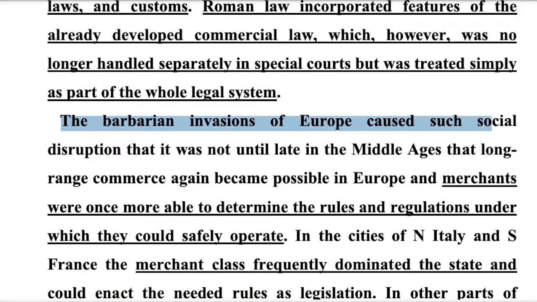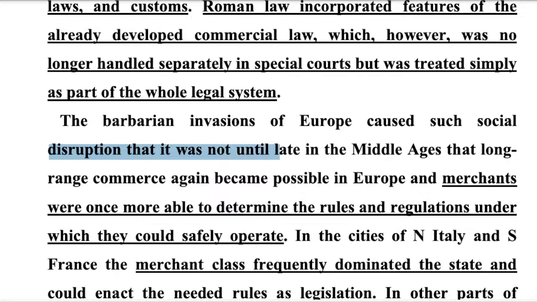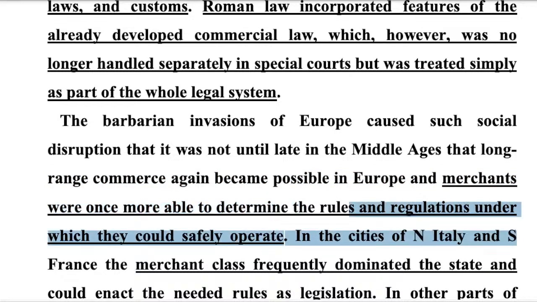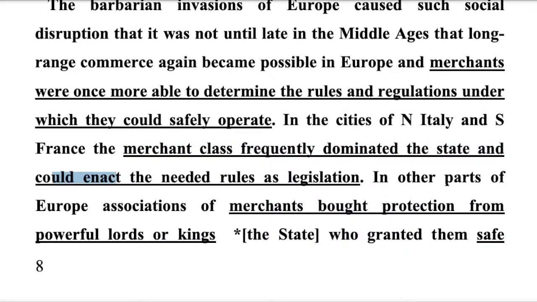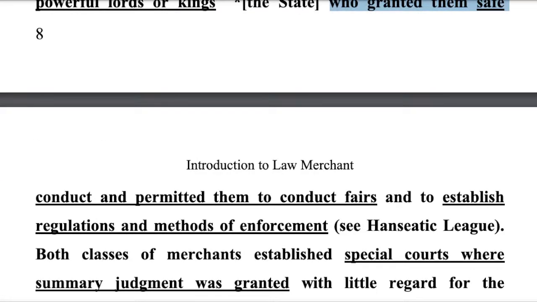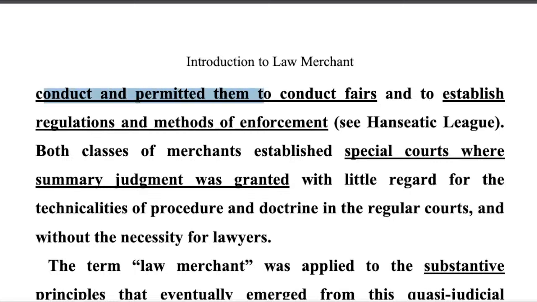The barbarian invasions of Europe caused such a social disruption that it was not until late in the Middle Ages that long-range commerce again became possible in Europe, and the merchants were once more able to determine the rules and regulations under which they could safely operate. In the cities of North Italy and South France, the merchant class frequently dominated the state and could enact the needed rules as legislation. In other parts of Europe, associations of merchants brought protection from the powerful lords or kings, the state, who granted them safe conduct and permitted them to conduct fairs and to establish regulations and methods of enforcement.